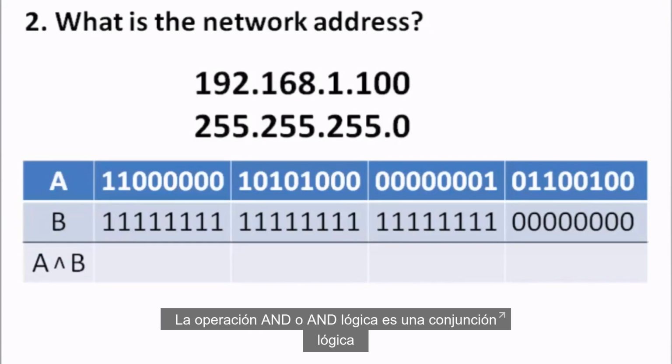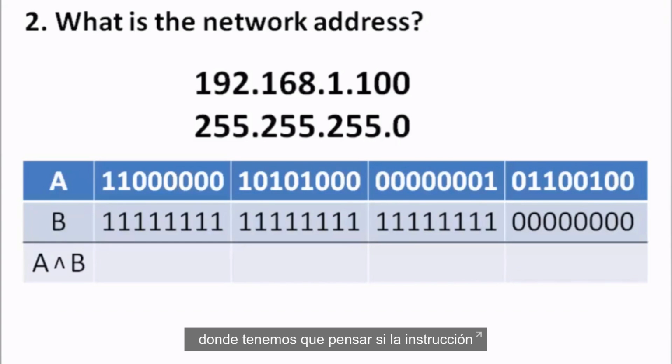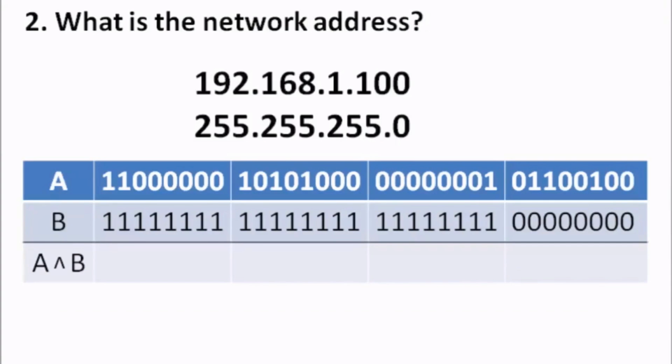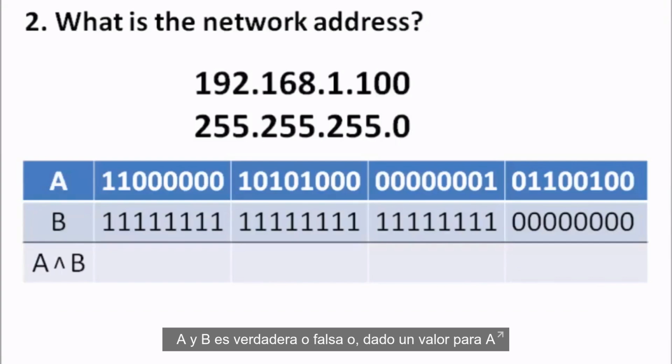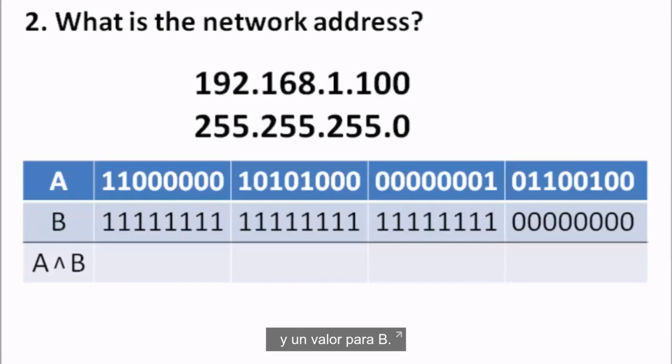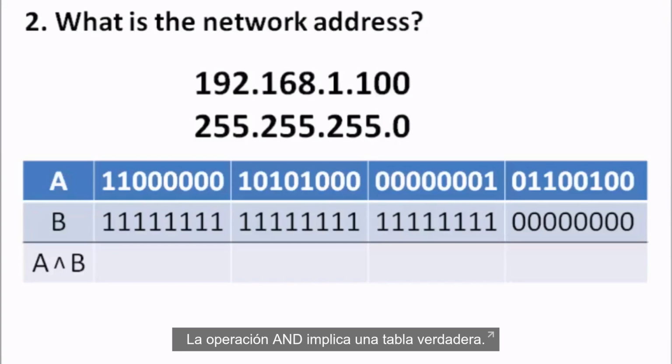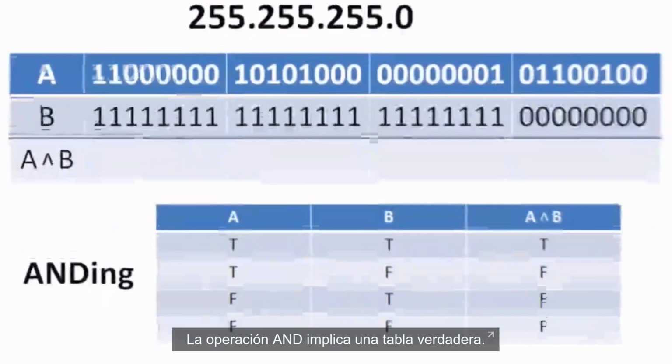ANDing, or logical ANDing, is a logical conjunction where we need to figure out whether the statement A and B is true or false given a value for A and a value for B. So logical ANDing really involves a truth table.